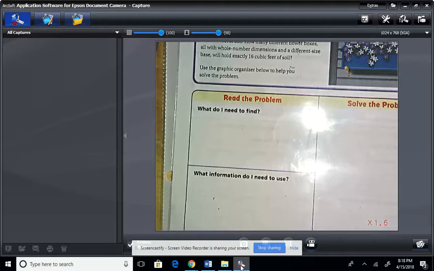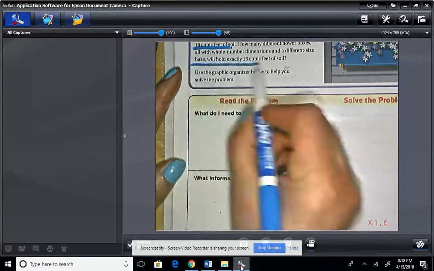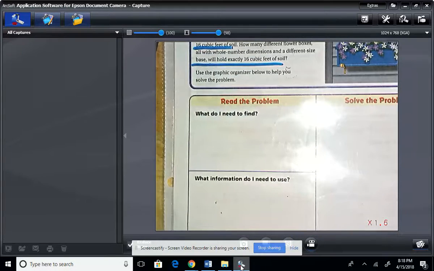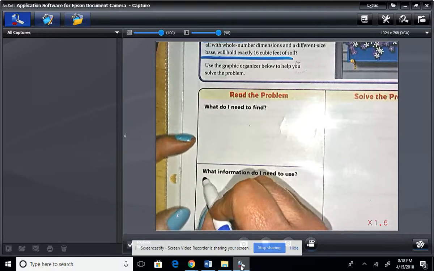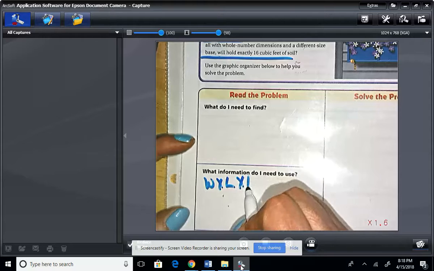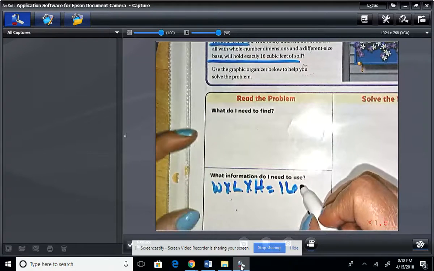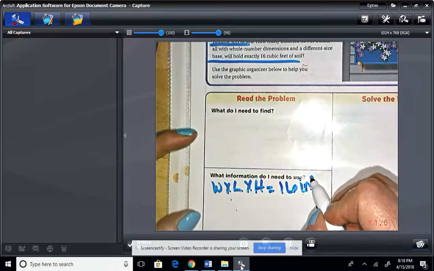Okay, so what do I need to know? I need to know how many I can find that is exactly 16 cubic inches. What information do I need to know? I need to know what's the width times the length times the height that equals 16 cubic inches.